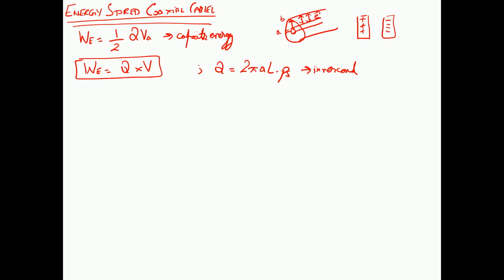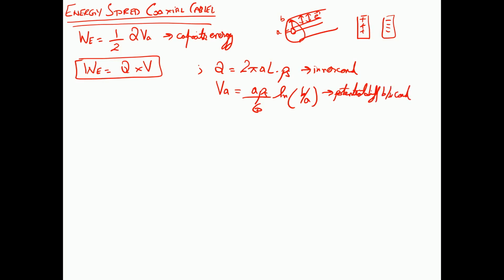And what about the potential of the inner conductor? It is a rho S divided by epsilon, natural log of b by a. This is the potential difference between the conductors. We have already looked into this equation.